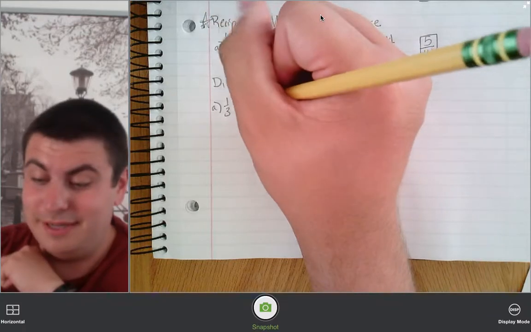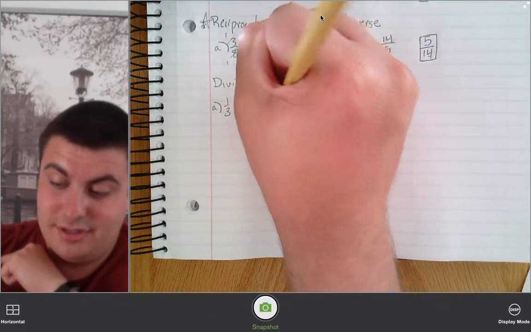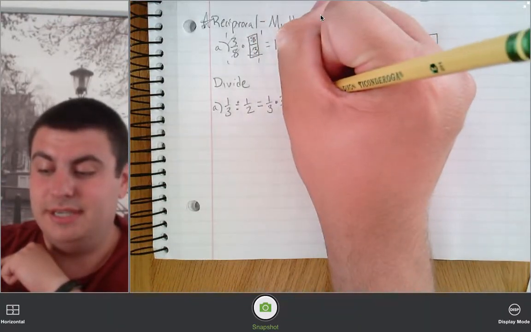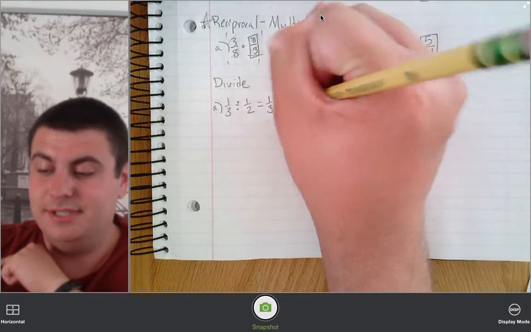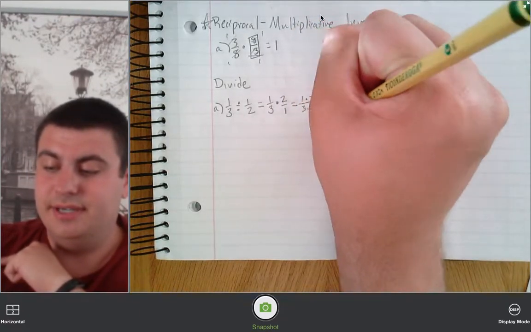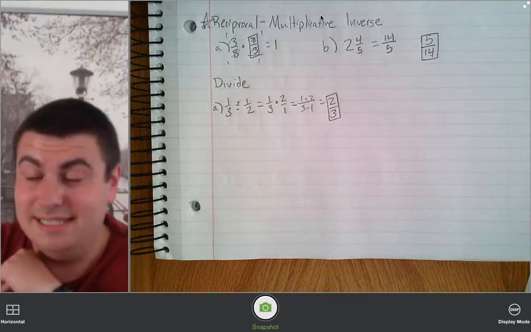So we're going to multiply by the reciprocal of 1/2, which is 2 over 1. Multiply straight across, so 1 times 2 over 3 times 1, and that is 2/3. Easy as that.